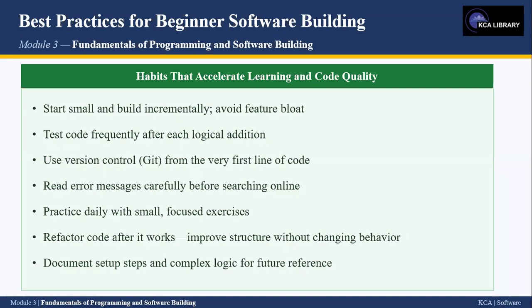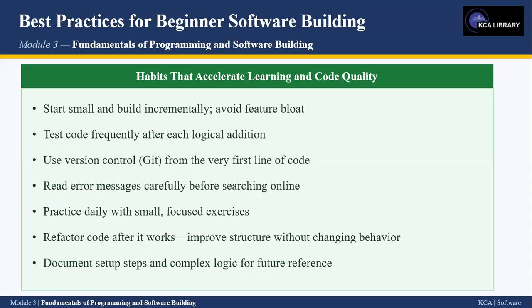Best practices for beginner software building. As you begin building, keep these pillars in mind. Always break complex problems into small, testable functions. Handle expected errors explicitly. Do not let your app fail silently.